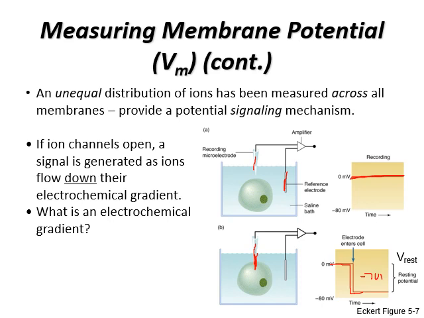And this correlates with what we call the resting membrane potential, because when the cell is at rest, the difference in potential, the voltage between the outside and the inside, is around negative 70 millivolts.